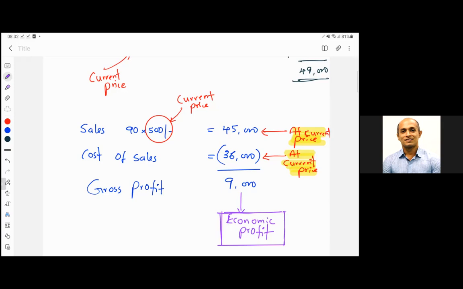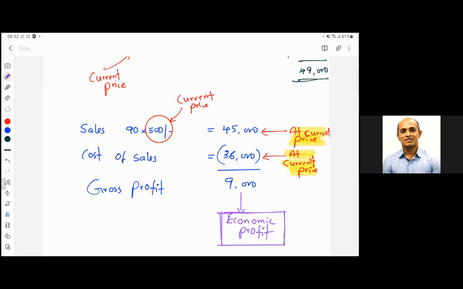Under LIFO costing, changes in price levels have no impact on your profit. Therefore, profit reflects real operating results, so we call it economic profit. This is what you need for the analysis, because we are analyzing the business activities.